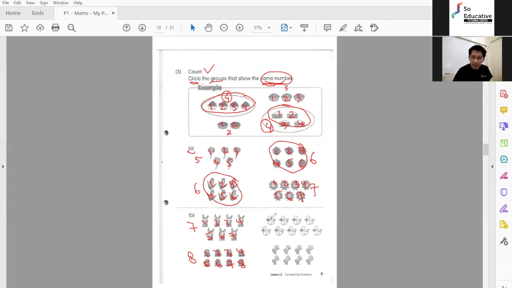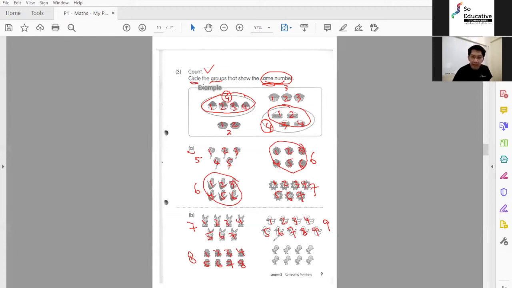Ducks. 1, 2, 3, 4, 5, 6, 7, 8, 9. So there are 9 ducks altogether.